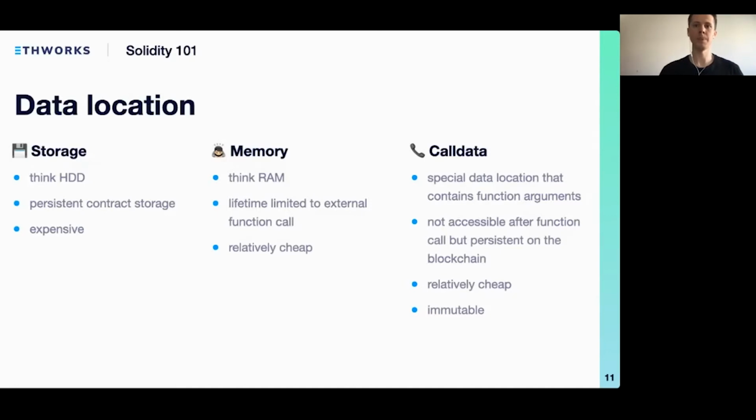You also have something called call data, and call data is a special place where arguments of methods that you invoke are stored. If you attended my previous presentation, you remember that I talked about a field of transaction which is called init or data. And in case of invoking a method of a smart contract, this field was called data.